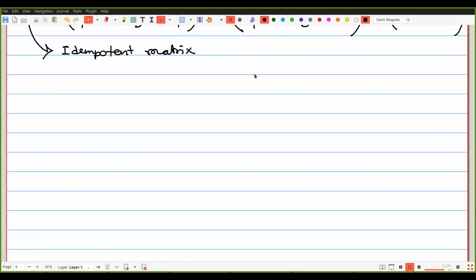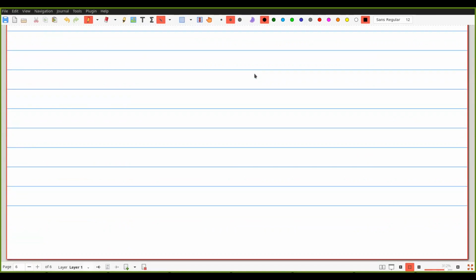Okay, so next we are proceeding with the first operation of matrices, that is the addition of matrices. Okay, the very first of all, what are the conditions for addition of matrices to be possible?